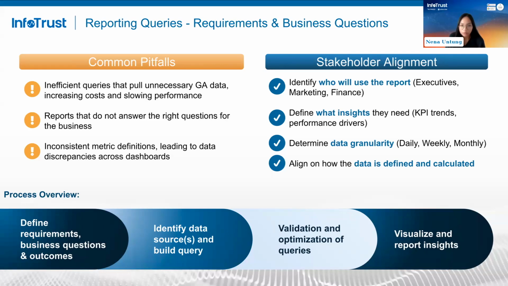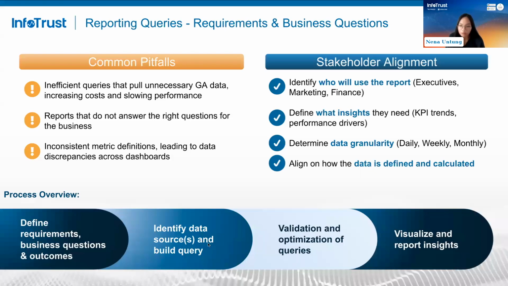So in order to avoid some of these pitfalls, it's really important to first identify who will be using the report, what type of insights they are actually looking for, how often they will need this type of reporting, and lastly, making sure that there is full alignment between teams and stakeholders so that there is a unified definition of how each data set or each field within the data set is defined.